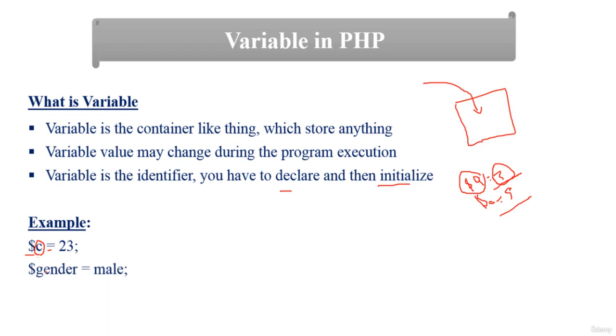Another variable is gender. You have to put a dollar sign, equal male. Male is the value of this gender variable. This is a price that is written in float. Float means floating point number, so that value is assigned to the price variable. You have to put a dollar sign with any variable.